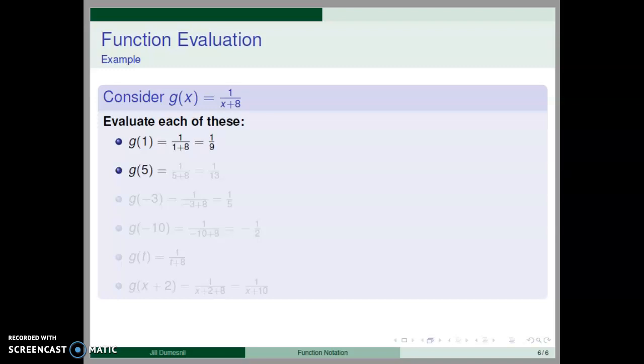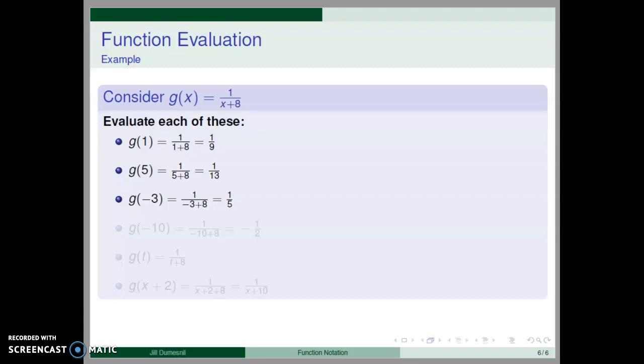To compute g of 5, we substitute 5 into the formula for x, producing 1 over 13. Similarly, to compute g of negative 3, we substitute negative 3 into the formula for x, producing 1/5.